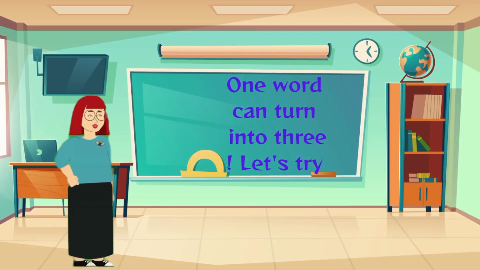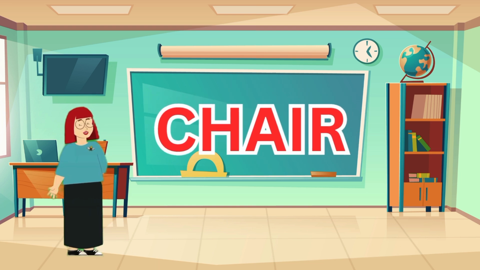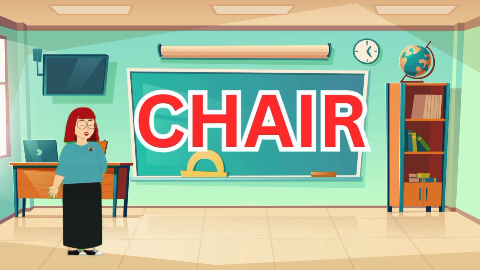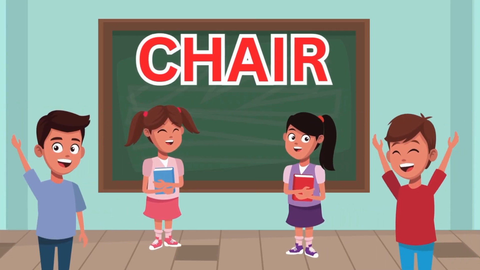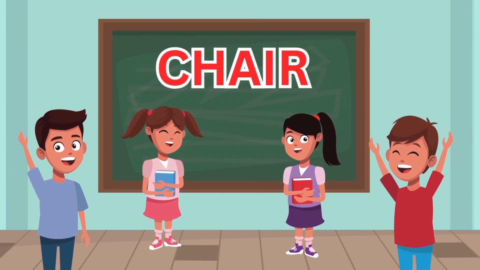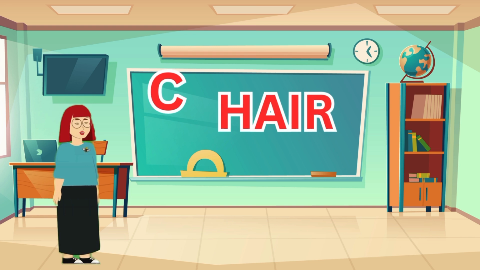Awesome job! See? One word can turn into three. Let's try another. Great! Let's start with our first word. Chair on the board. Can you read this word with me? C-H-A-I-R. Chair. Super!